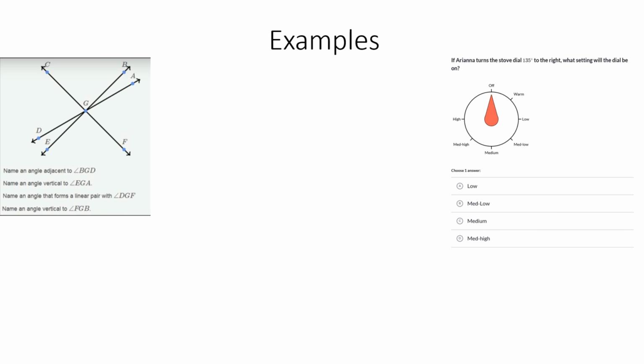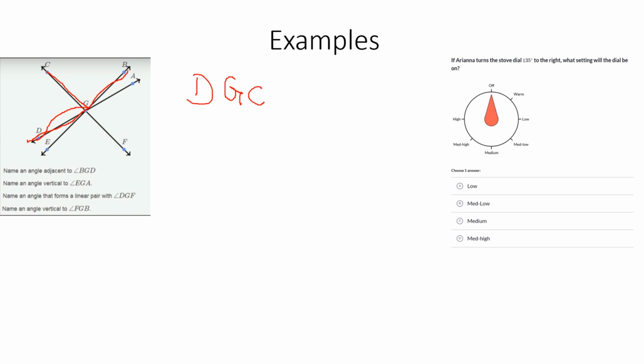Here are the examples. First, let's find an angle adjacent to BGD. It needs a common vertex and a common side. We have DGC.